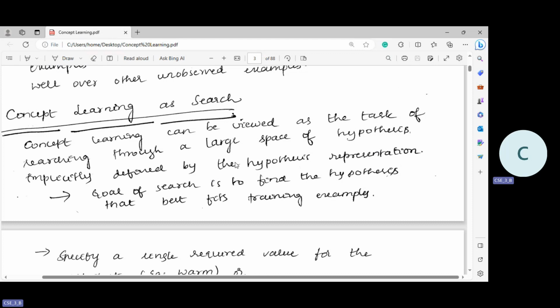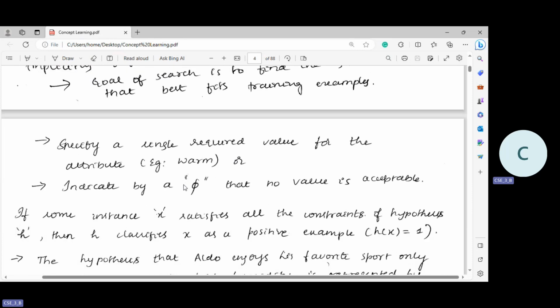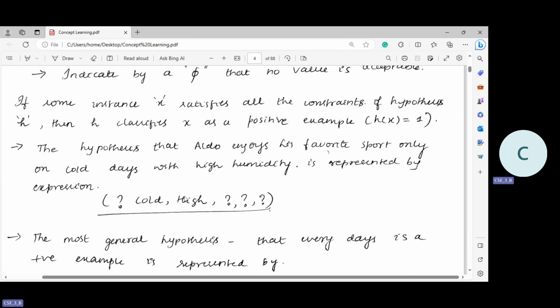Out of that, which will be the best hypothesis which fits the training examples? So we can observe how to represent this, how we apply this to the particular data set, and how we end up with the hypothesis which best fits the examples.